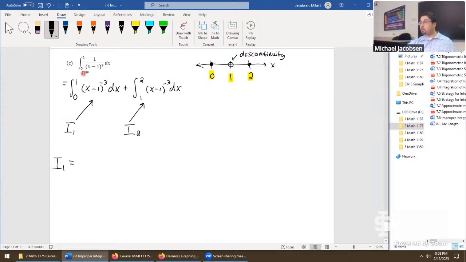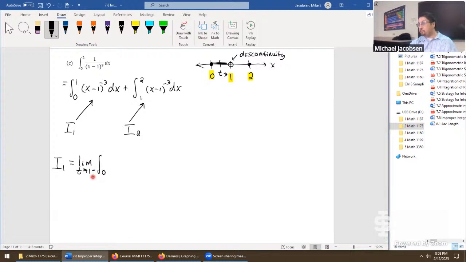We're integrating from 0 to 1, so that means for I1, our variable t is right here in the middle. It always heads towards the discontinuity, so we'll say limit as t heads towards 1, but it's heading towards 1 exclusively from the lower end, from the left. So we put in that negative sign there.